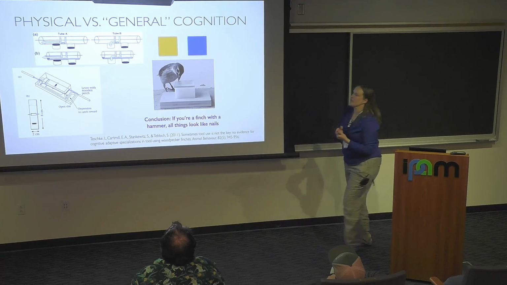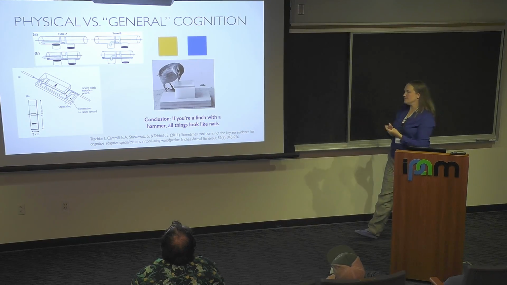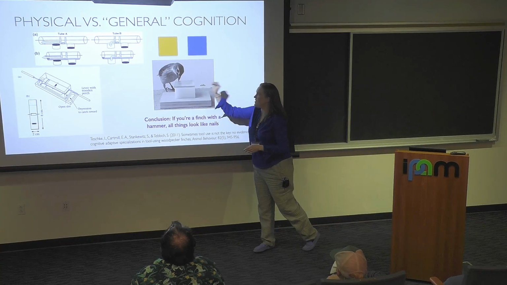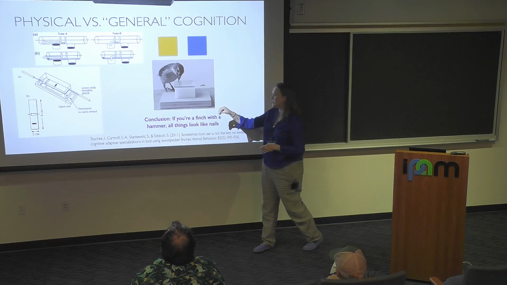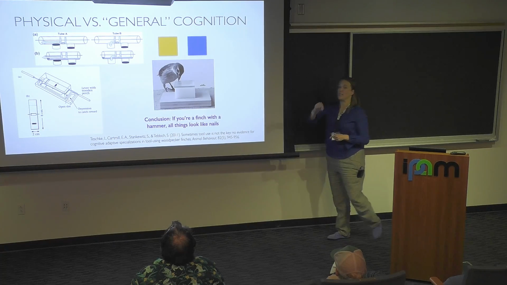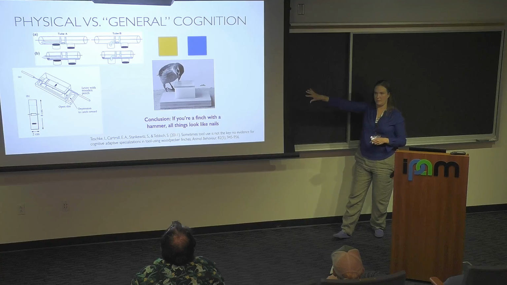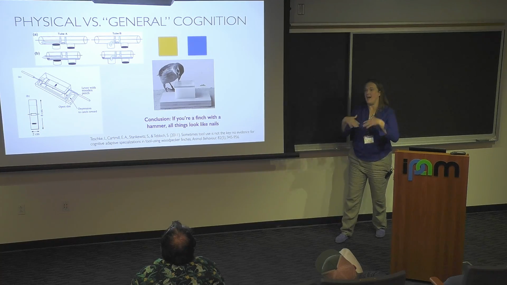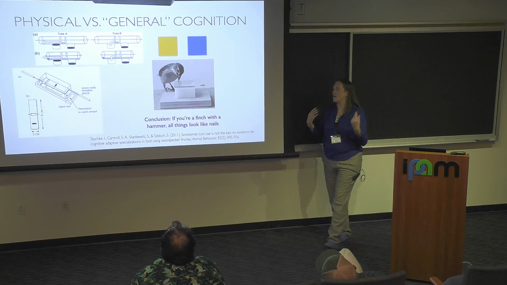That's a really interesting comparison: specialization for tool use makes you very good at tool use if you're a woodpecker finch, but it doesn't necessarily make you good at other kinds of cognitive tasks.